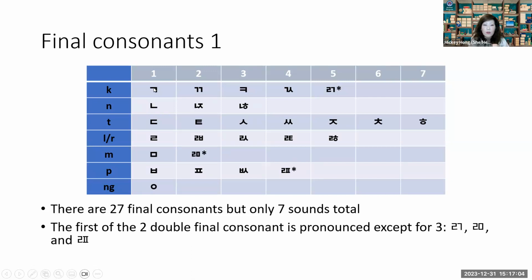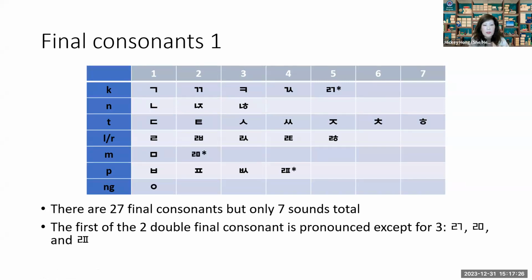There are 27 final consonants, but only 7 sounds total for final consonants. It's either going to be a K sound, N sound, T sound, RL sound, M sound, P or B sound, and NG. That's it.